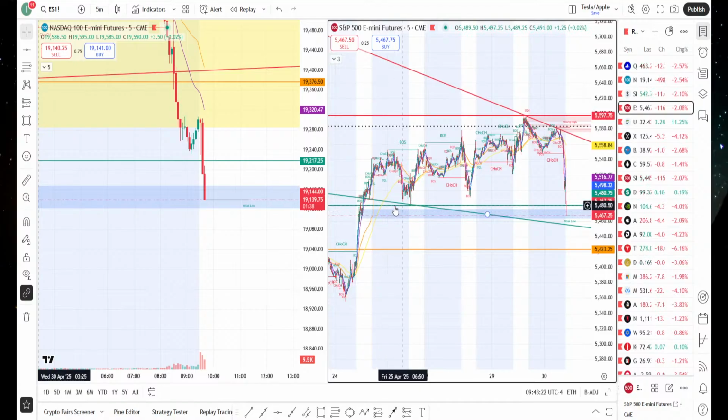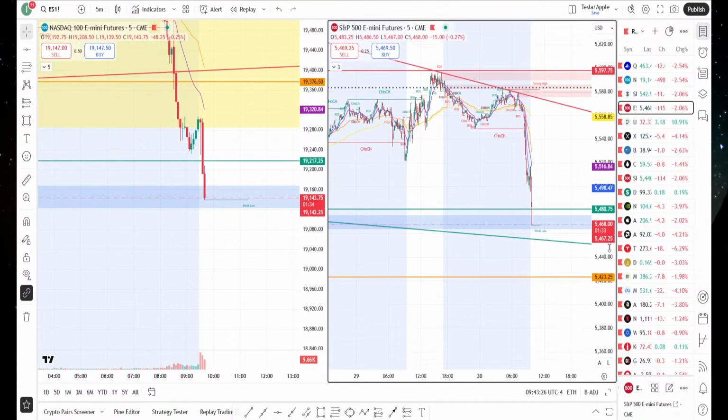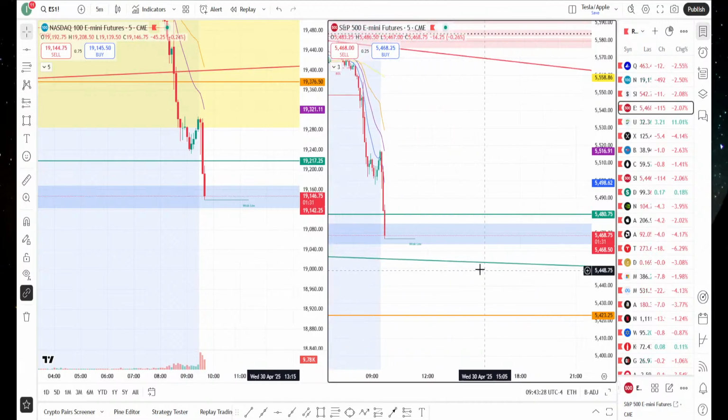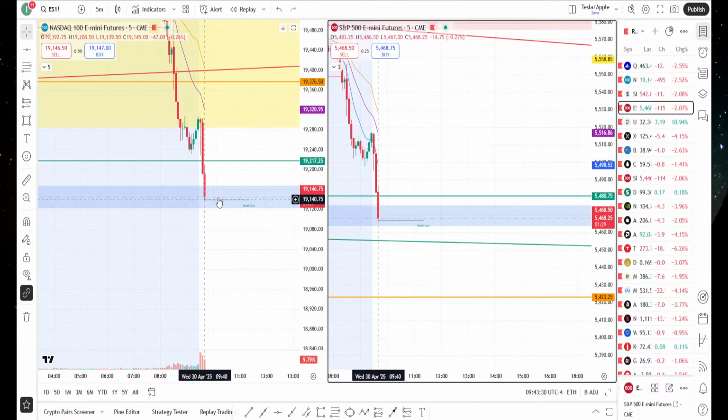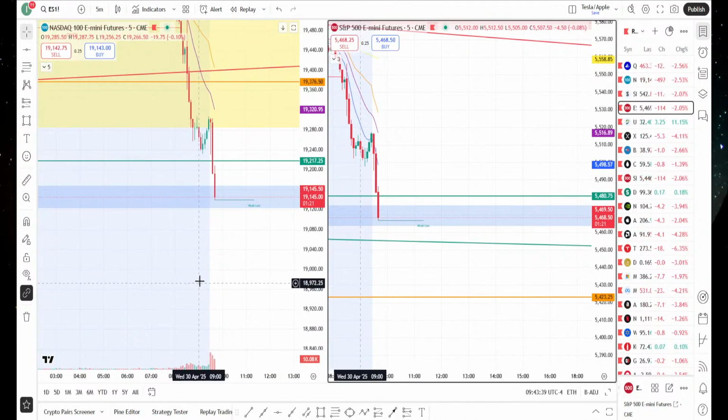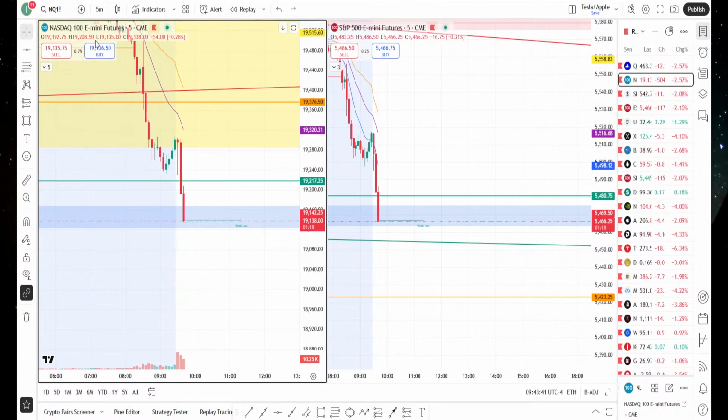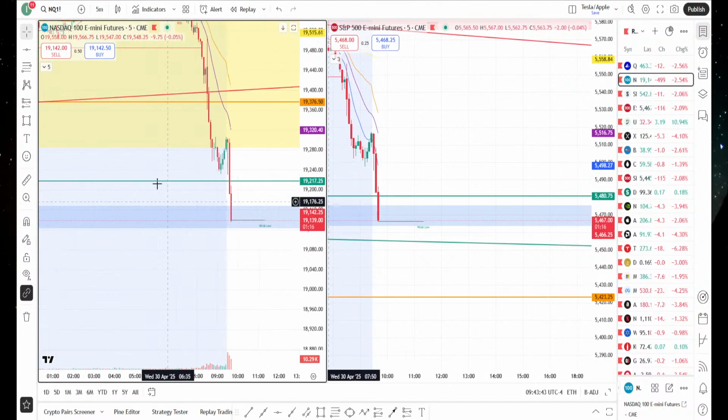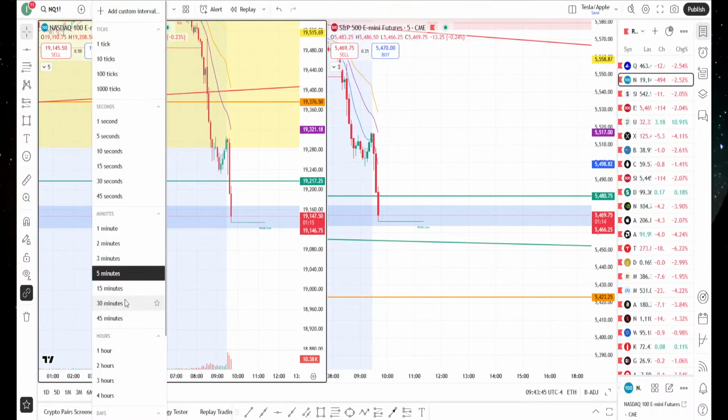So there's a demand zone down here. Okay. Very bearish today. We broke through that hourly support, nice and easy. This green line right here, we marked that on the hourly.